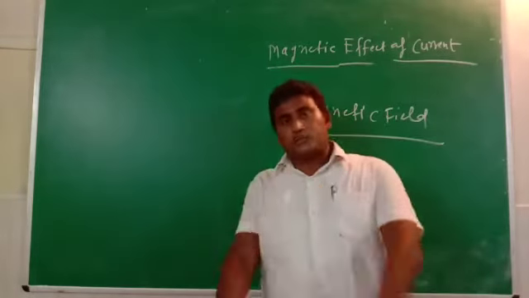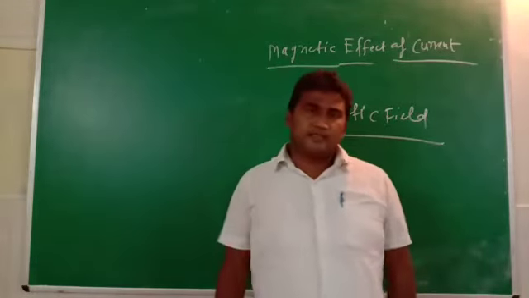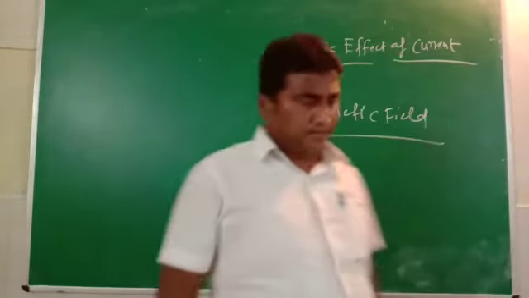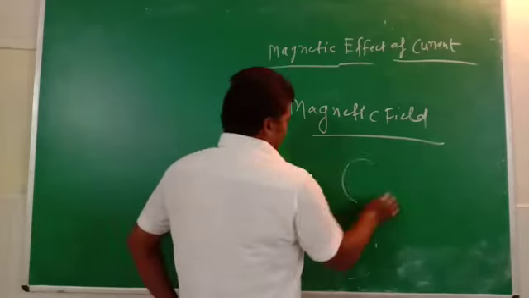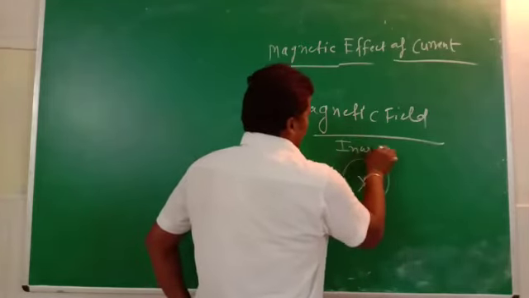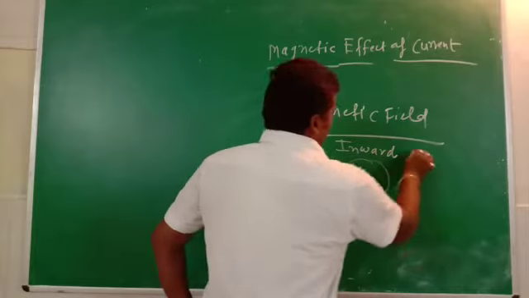An area where we experience the behavior of a magnet is known as the magnetic field, and it is generally of two types. One is represented by a cross, which means the magnetic field is always in the inward direction.